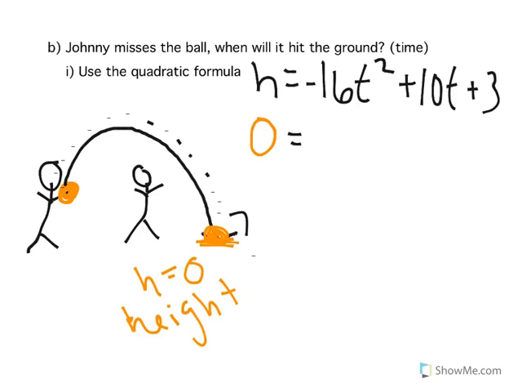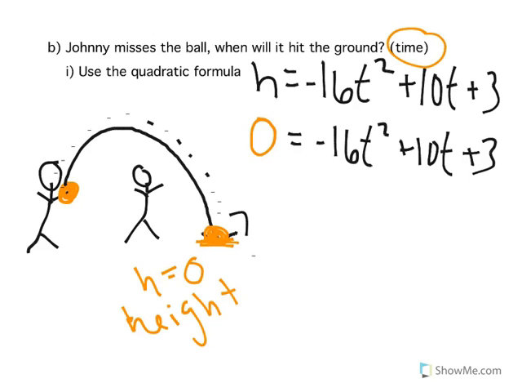So 0 equals negative 16t squared plus 10t plus 3. Once we have that, we're going to use the quadratic formula to solve for t, time, because we're trying to figure out how long it takes to travel that parabola shape and end on the ground.